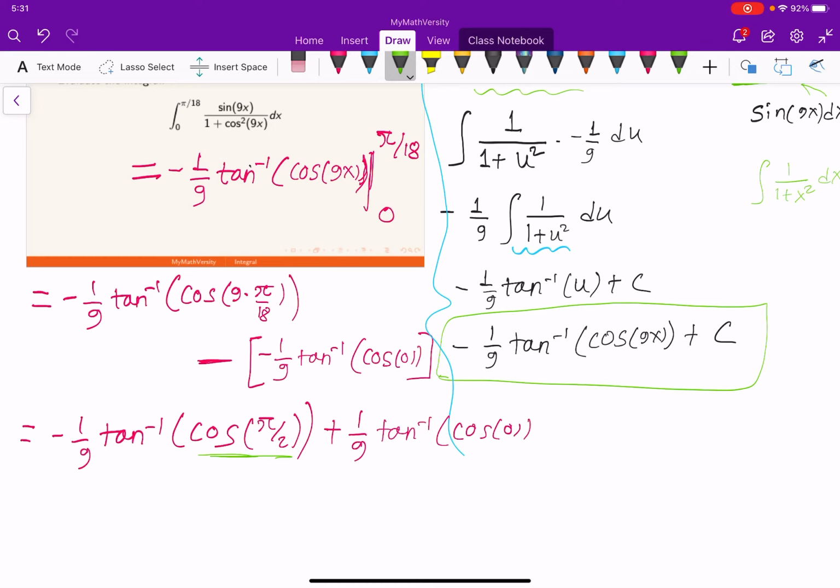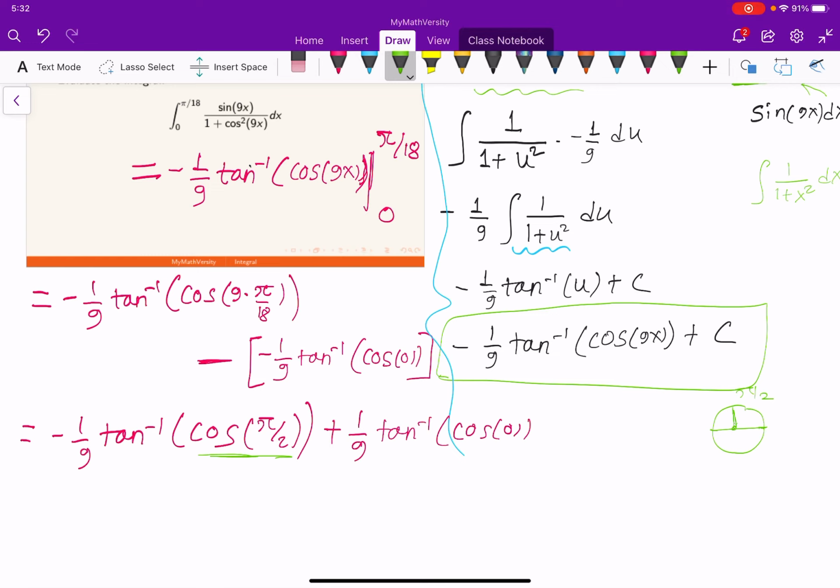If you look into the unit circle here, this is pi over 2, and cosine relates with the x coordinate, and y relates with the sine. So if that is the case, then the value of the cosine pi over 2 is 0, right?